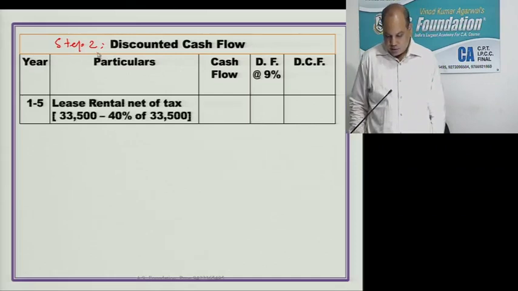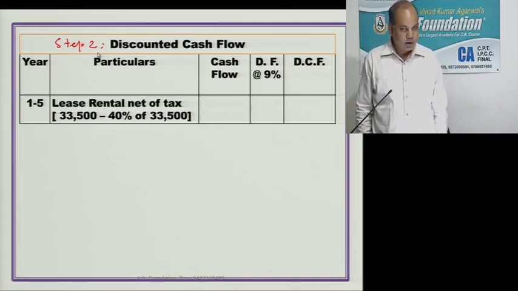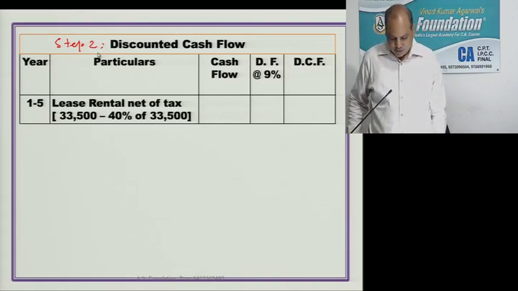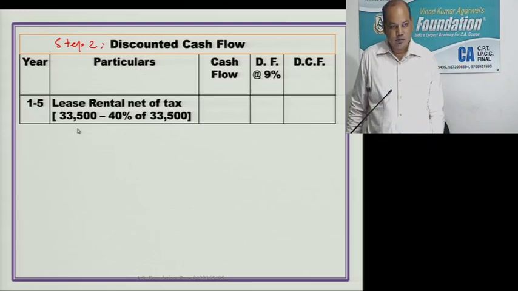This time the lease rentals are payable at the end of the year. Tax shield will also arise at the end of the year. So I can write in one line only. Lease rental net of tax. You want to write two lines? One is enough? Yes. If the timing of both are the same, we can write the net amount.